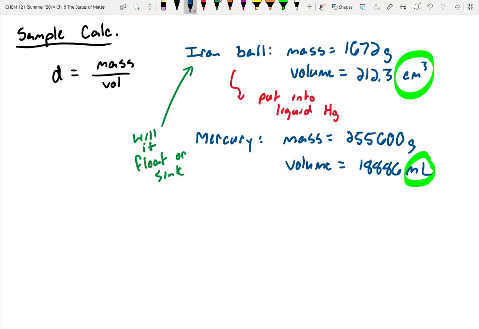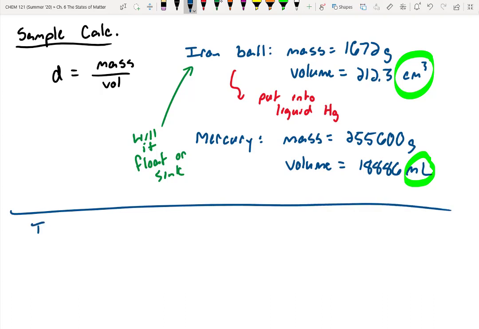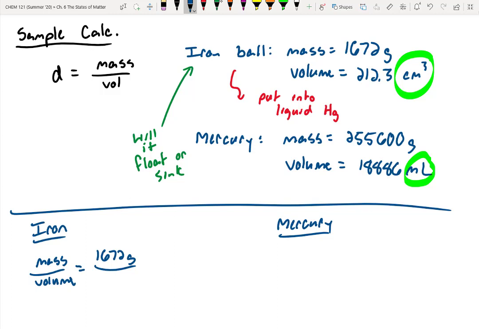All right, so let's go ahead and do the density for this. Okay, so on the left-hand side, I'm going to do iron. And on the right-hand side, I'll do mercury. Okay, and we know that the mass needs to be divided by the volume. So we can go ahead and say, well, this would be 1672 grams divided by 212.3 cubic centimeters.